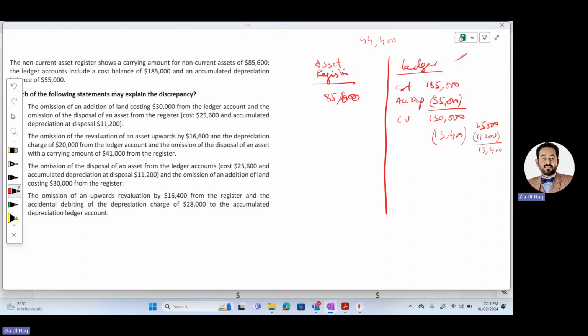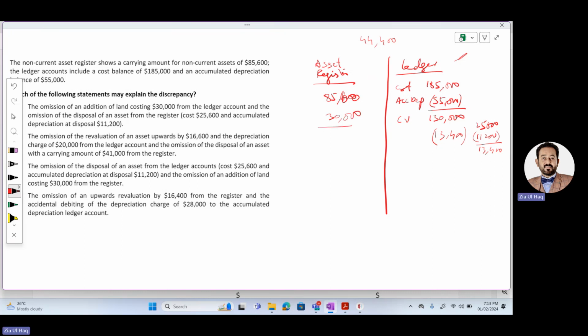Then this will reduce it, as well as an omission of addition of land costing 30,000 from the register. In the register, 30,000 of land is not recorded in the asset register.